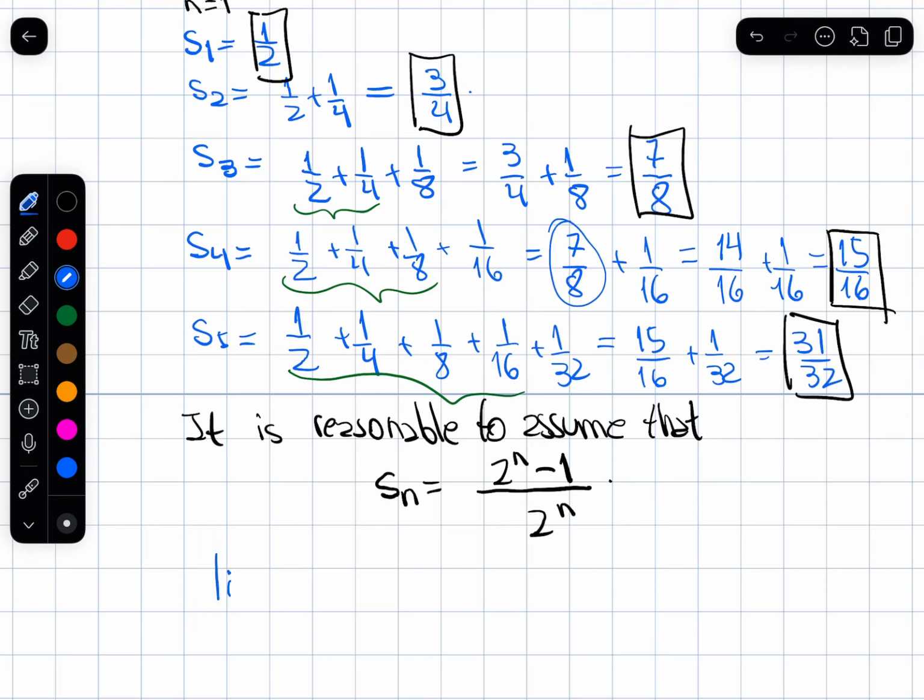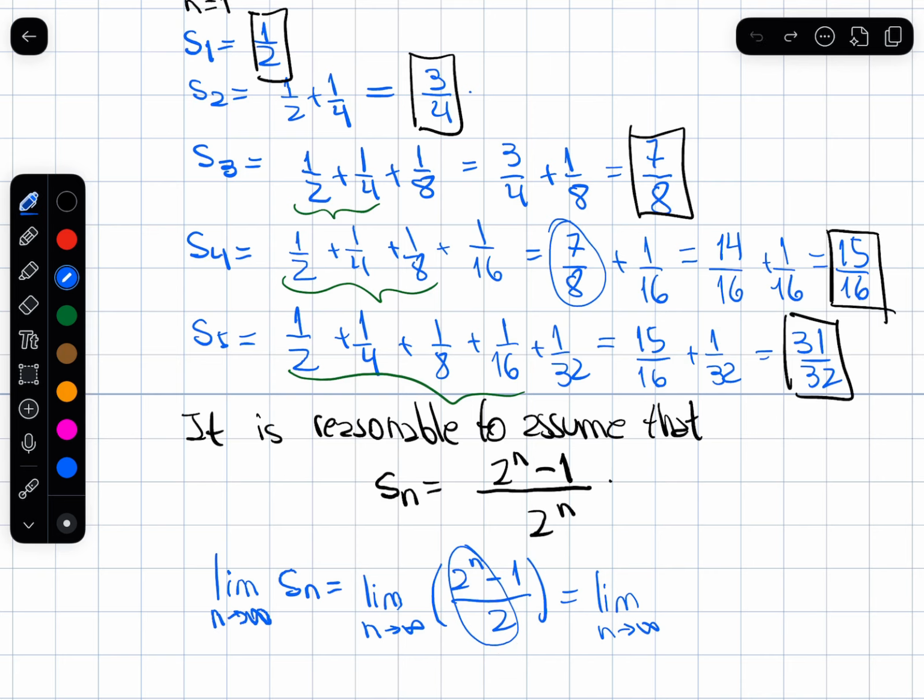But then if I try and take the limit when n goes to infinity of Sn, that will be the limit of this fraction. So it will be the limit as n goes to infinity. I can split this into two fractions like this. So 2 to the power n over 2 to the power n, minus 1 over 2 to the power n.